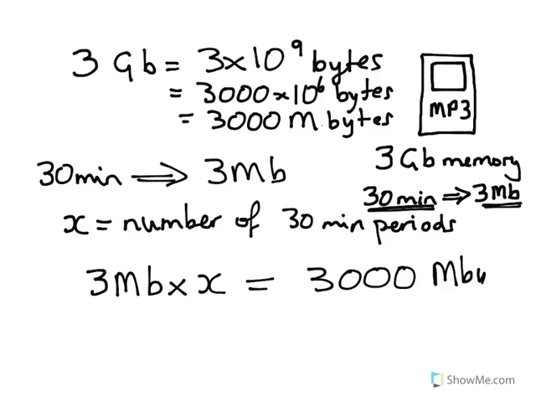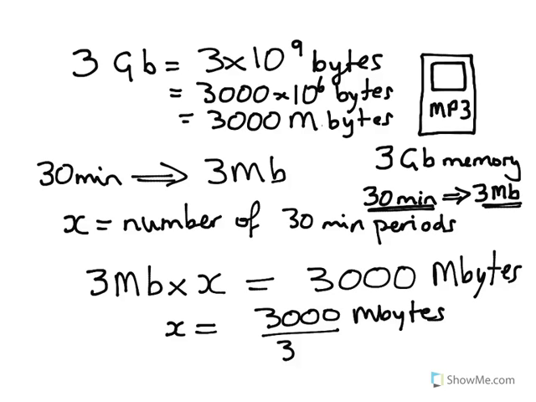A different song every time. So the number of 30-minute periods x, divide the 3,000 megabytes by the 3 megabytes. Our megabyte units will cancel here. We get 3,000 divided by 3, giving us 1,000. 1,000 what?